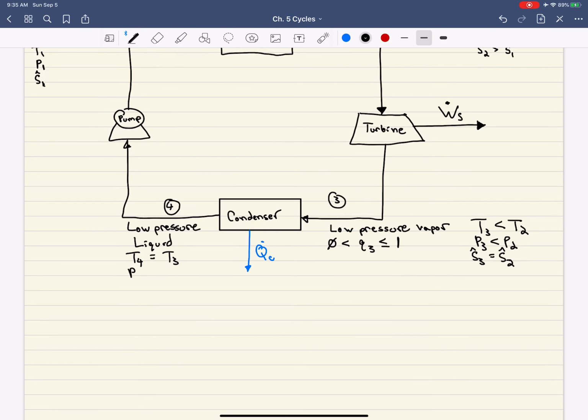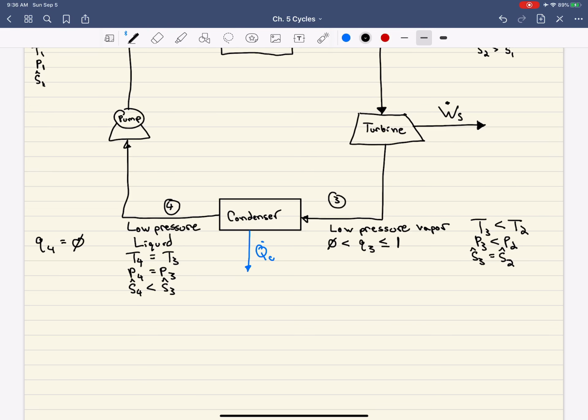Pressure is also the same. But the entropy, because it's undergoing a phase change, is going to be from a vapor to a liquid. Its entropy is going to be less than stream 3. And so, just to emphasize, this is completely a liquid now, so its quality is back down to 0.